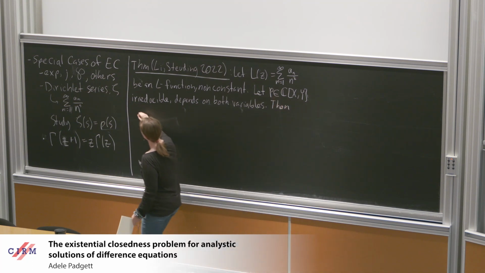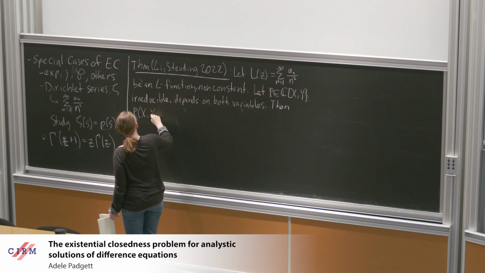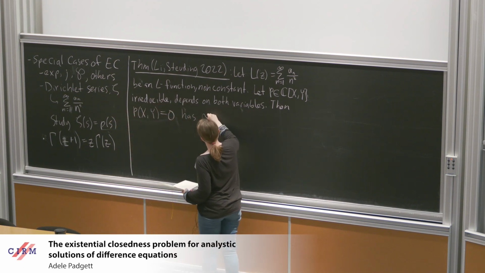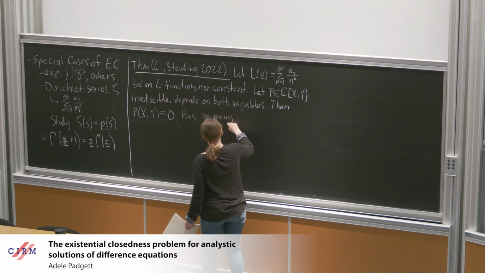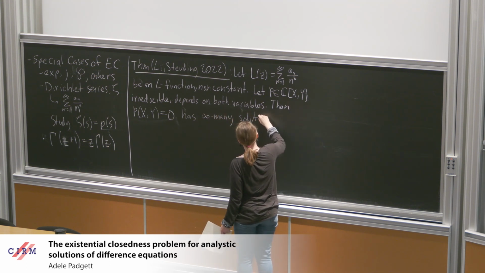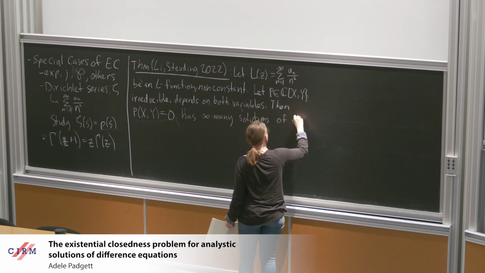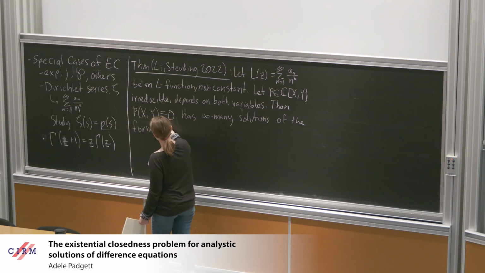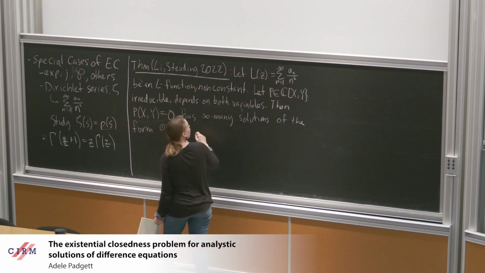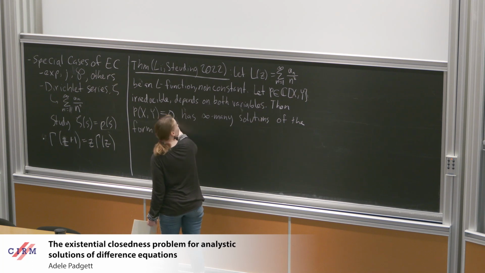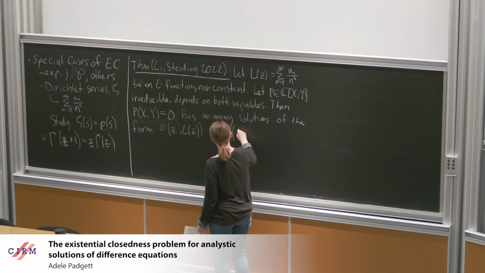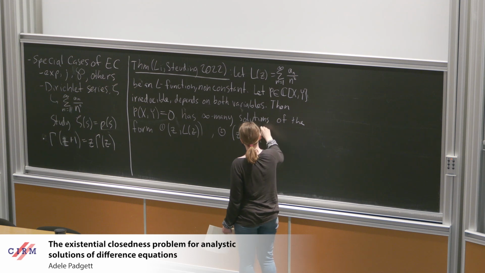Then P of x, y equals 0 has infinitely many solutions of the form, first of the form z comma L of z, and also of the form z comma gamma of z.